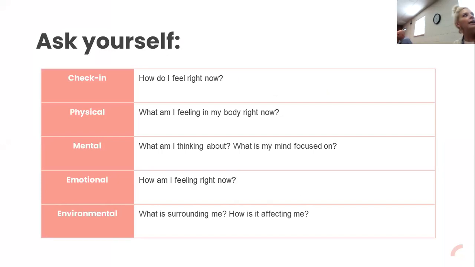So I divided this into physical, like when we ask ourselves these questions, in the physical state, the mental, the emotional, and around us. There was one on here that was spiritual, but I know that we probably can't do that in the school, even though some might be able to. But giving yourself the opportunity to ask, how do I feel right now?